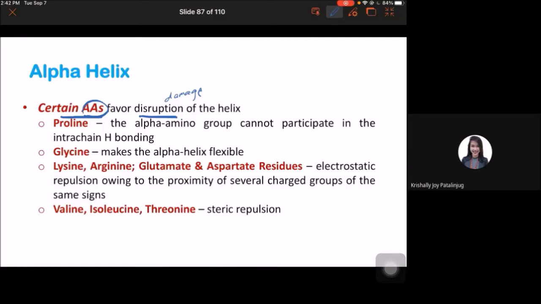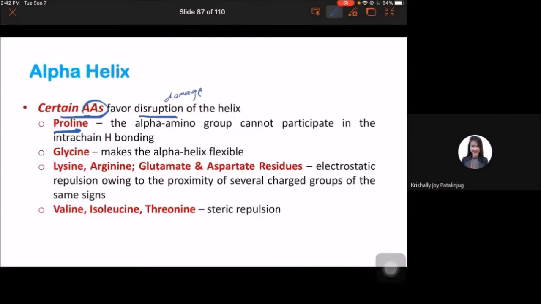So number 1 here, we have proline. Take note. Proline, recall, is it an amino or an amino acid? Proline is an amino acid, to be specific. It is part of the 20 standard amino acids, but structurally speaking, it is an imino acid.